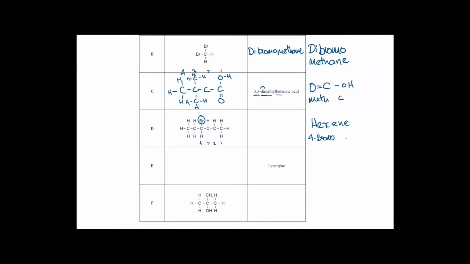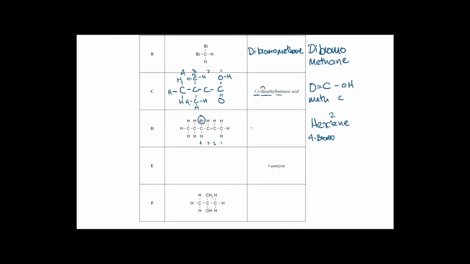Next is, we want to know where this hexene is, isn't it? So the thing which is fouling things up for us is this 2. So it's not going to be hexene necessarily. It's going to be hex-2-ene. And there's only 1 bromo.